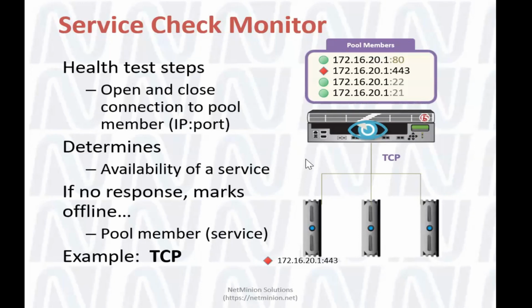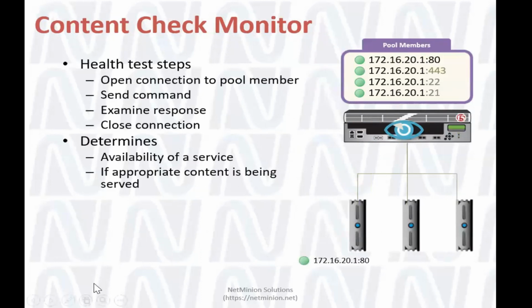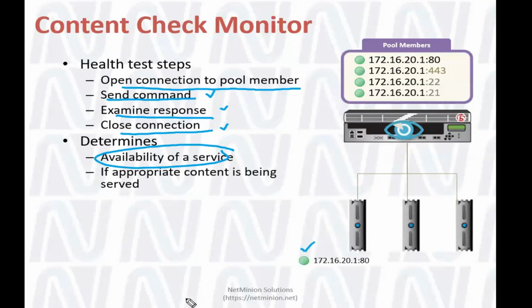Okay. So service check we were talking about. It is done. Last, the content health monitor. In the content health monitor, it will open a connection to the pool member. It will send some command. It will examine the response and it will close the connection. If everything is available, it is showing green.